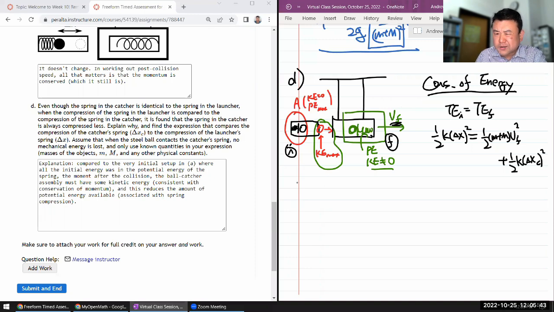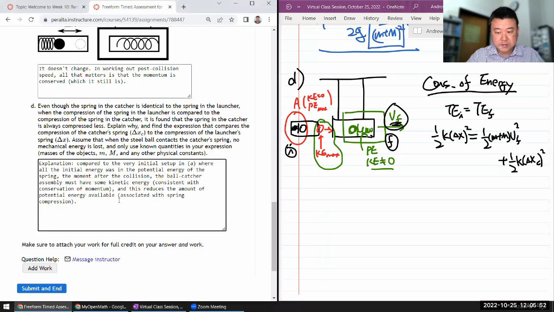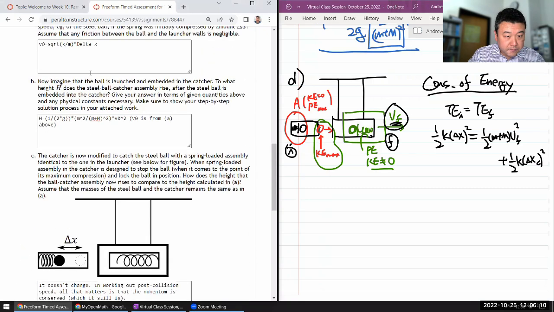Everything here is known. I'm just going to treat V final as a known quantity since we calculated it above. Let me define V final as m over (m plus M) times V naught, V naught from A above, because I don't think I actually wrote out V final.